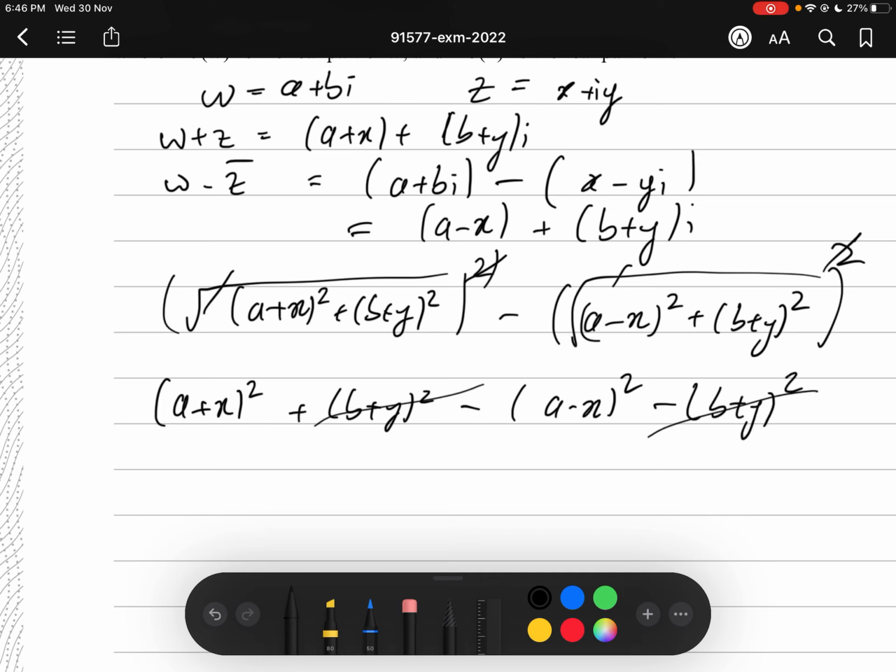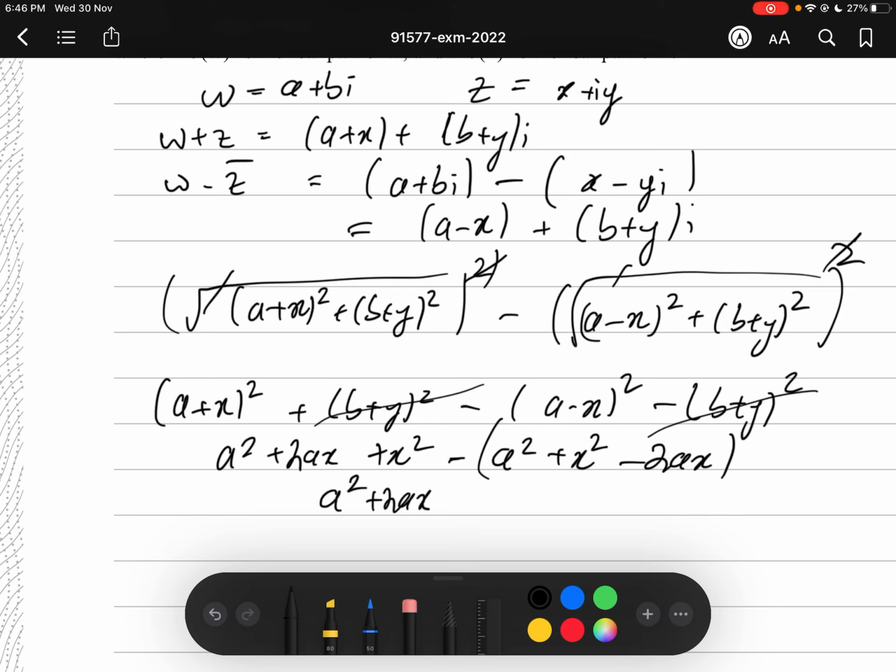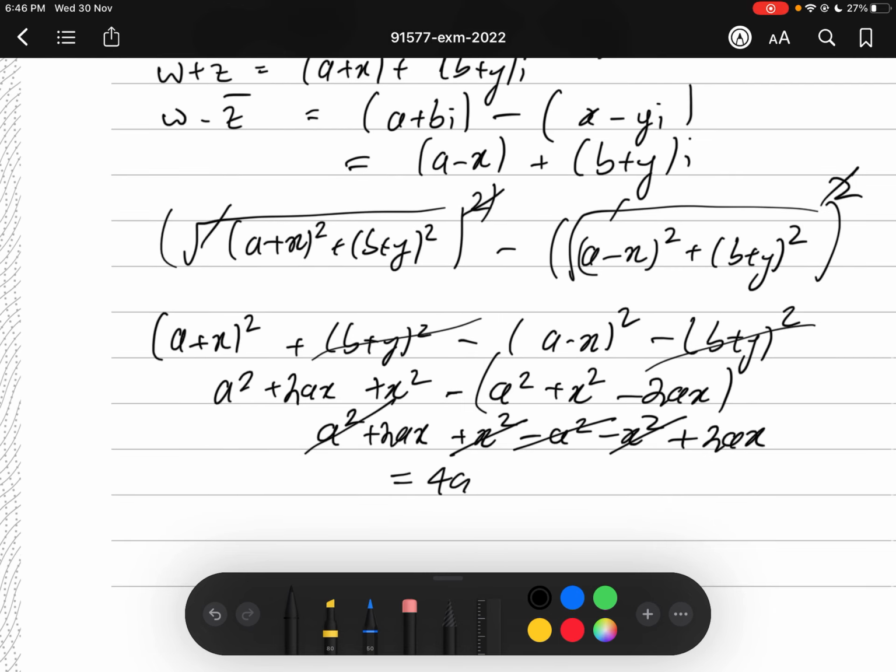And this will cancel each other out. And let's expand and simplify. So we have a squared plus 2ax plus x squared minus a squared plus x squared minus 2ax. So that cancels with a squared and x squared, and we will have 4ax.